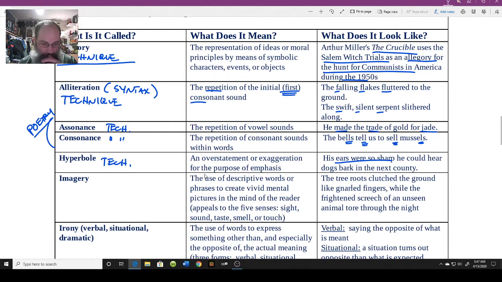Imagery. So it appeals to the 5 senses. Imagery is all about experience. It's experiential. It's seeing, hearing, feeling, tasting. It's all about putting the reader there.